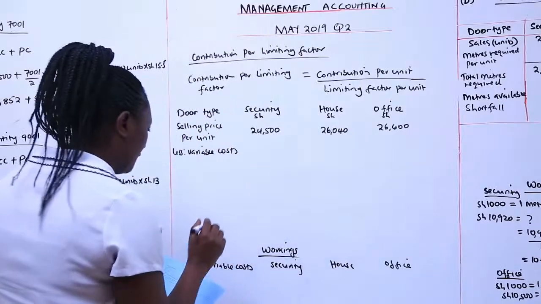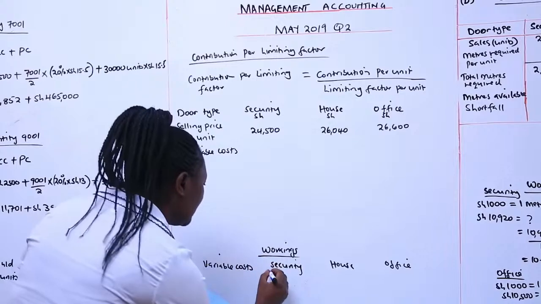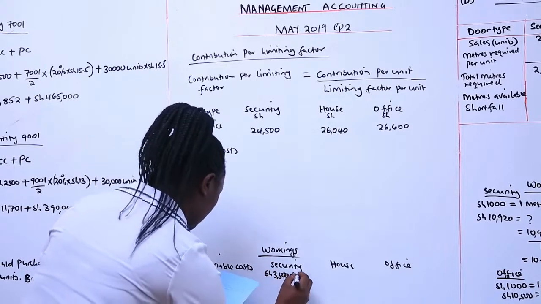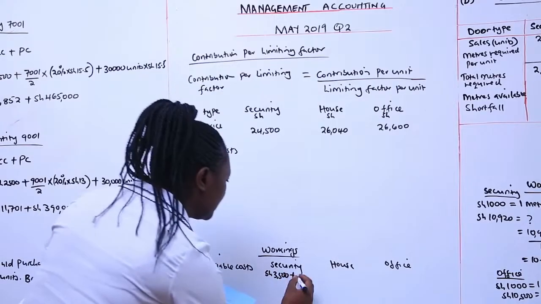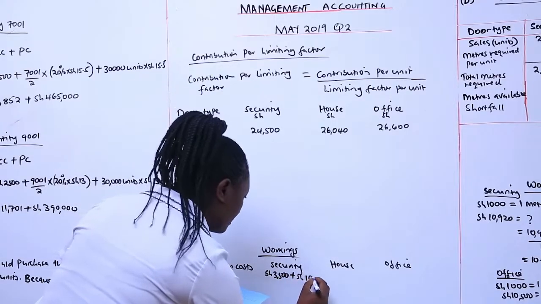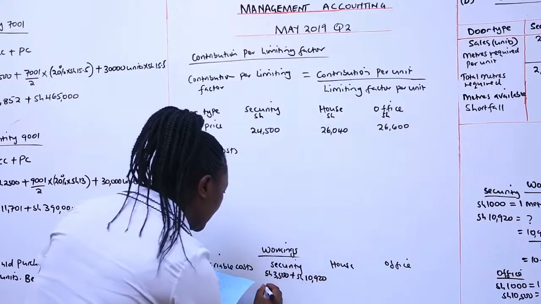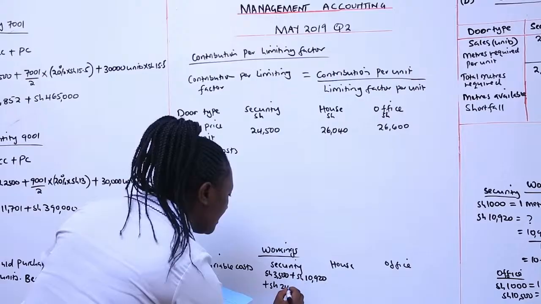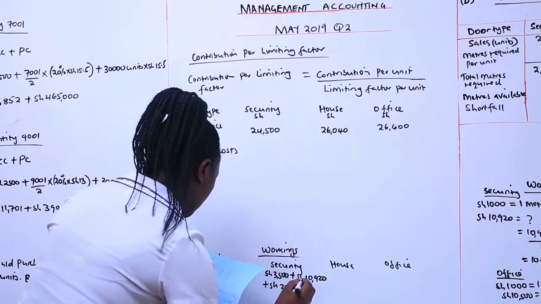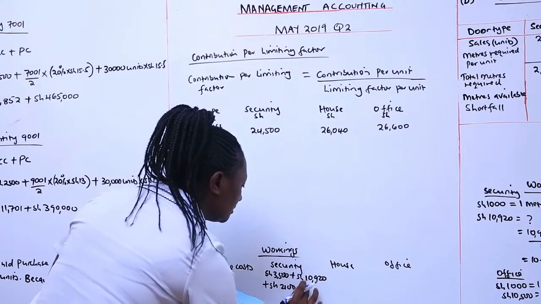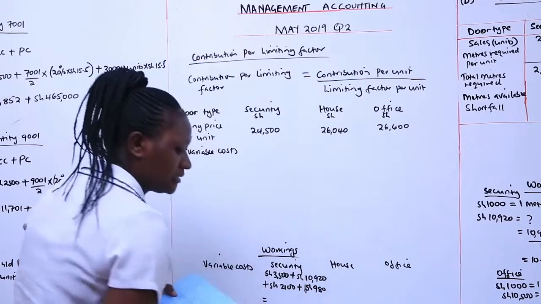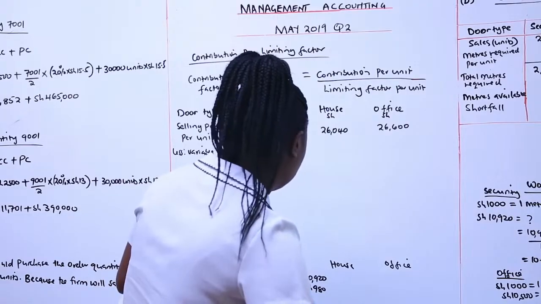So we simply get the total. So for security, we are simply taking 3,500 plus 10,920 plus 2,100 plus 980. This will give us total variable costs.